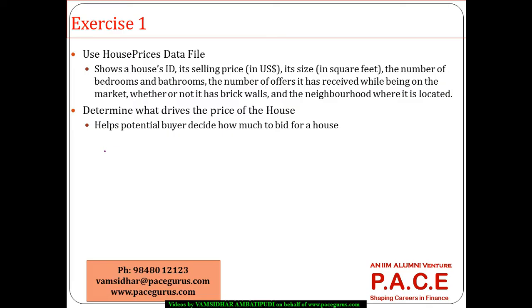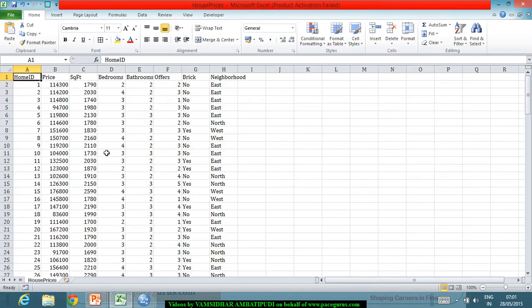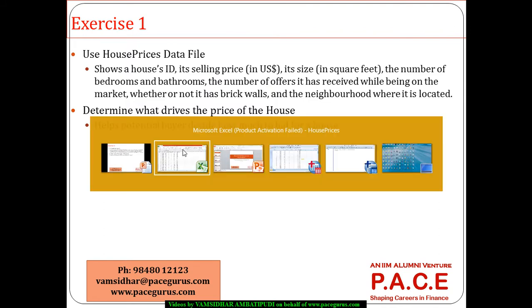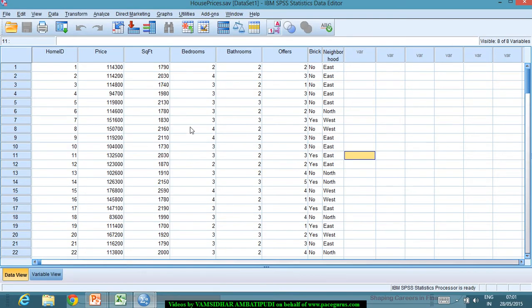That's at a later point. But as a part of the basic visualizations and summaries that I can look at on this data, we'll see what all steps we can go into. The same data, in fact, I have taken in SPSS also. These are the values taken from the same data.